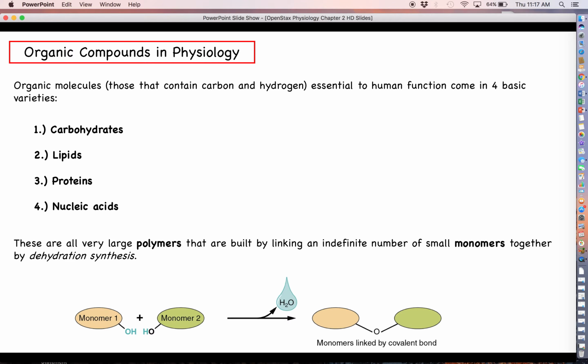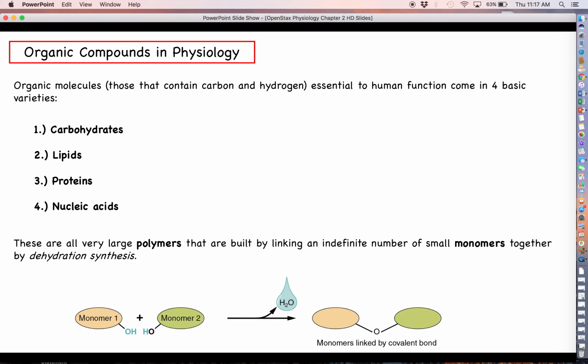If you have two monomers and you perform a dehydration synthesis reaction to form a chemical bond between the two monomers, now you have what you might call a dimer. A monomer is one, two of them together is a dimer, and then if you do another dehydration synthesis, you would have a trimer, so three monomers stuck together by a total of two covalent bonds.